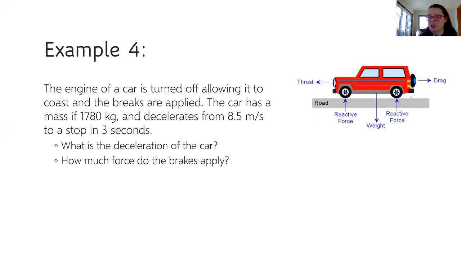Well, first of all, let's look at our picture. We don't have to worry about these two forces because they're just keeping the car on the road, so we can kind of ignore them. But if we turn the car off, is there any thrust? No, there's no thrust from the engine. So there's no forward force. The car was moving. This is the motion of the car.